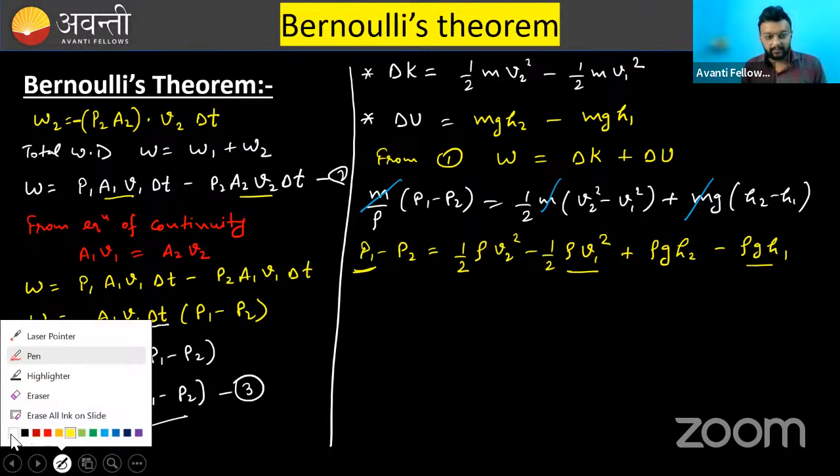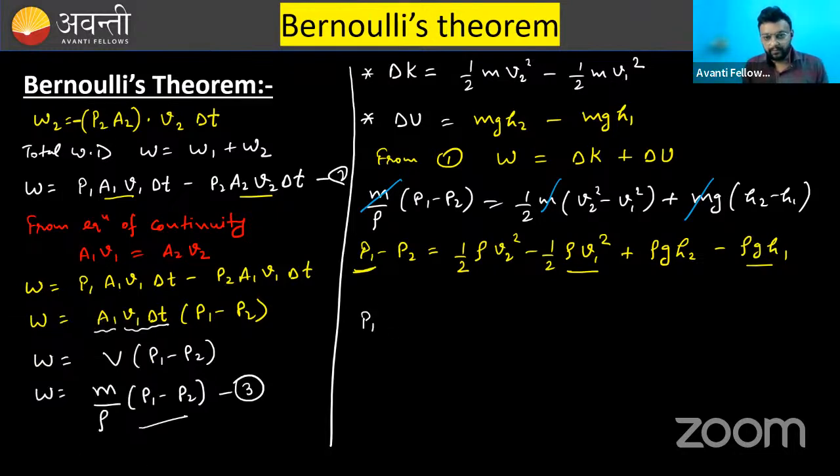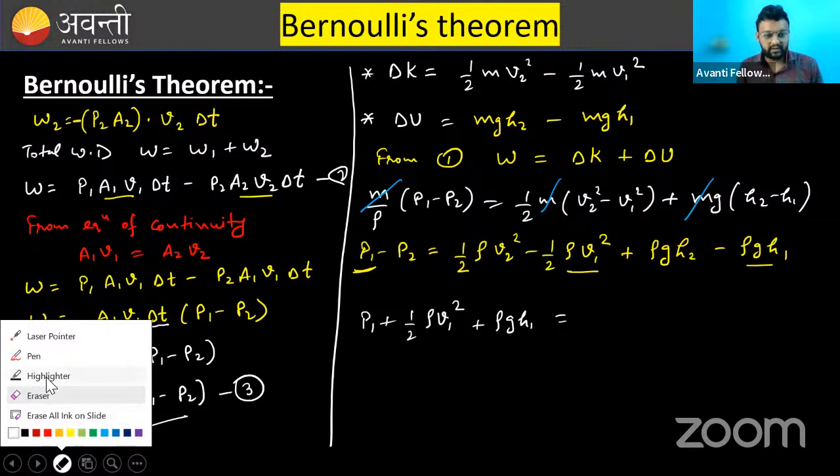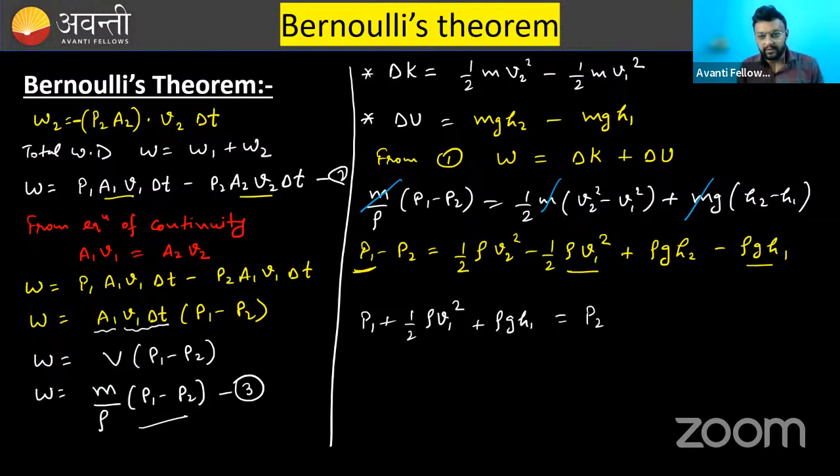So it will become P1 plus half rho V1 square plus rho g H1 is equal to P2 plus half rho V2 square plus rho g H2.